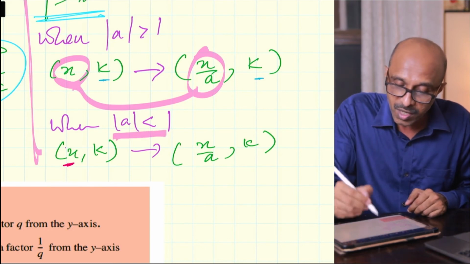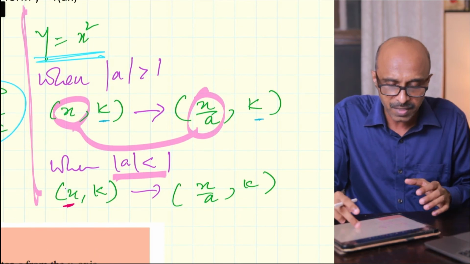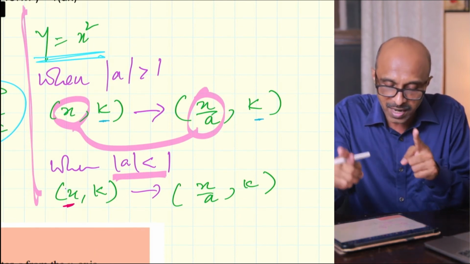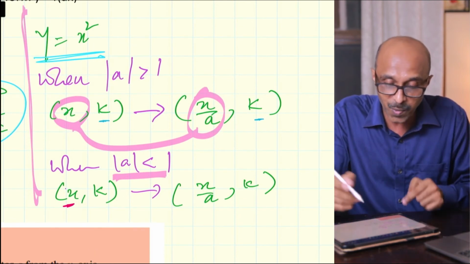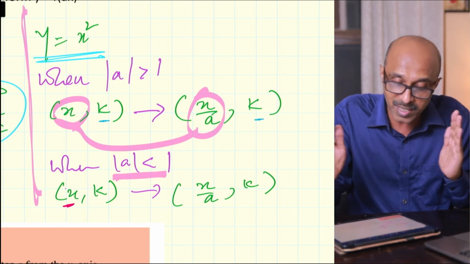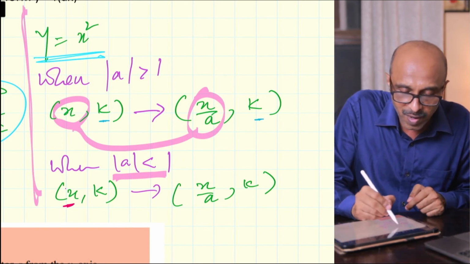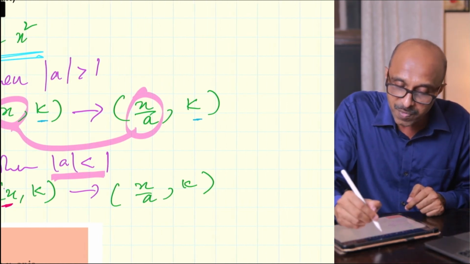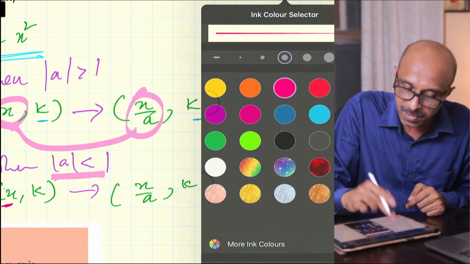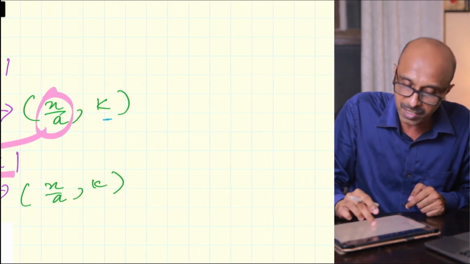All right, so the only difference between absolute value of a greater than 1 and absolute value of a less than 1 is in the graph. What's happening? When the absolute value of a was greater than 1, we observed that there is a shrink, okay? The graph, let me write it here.